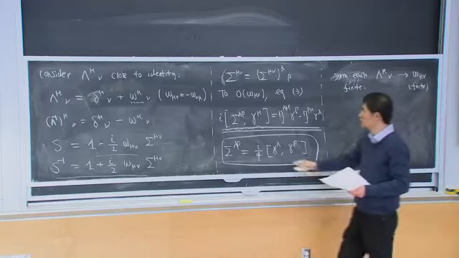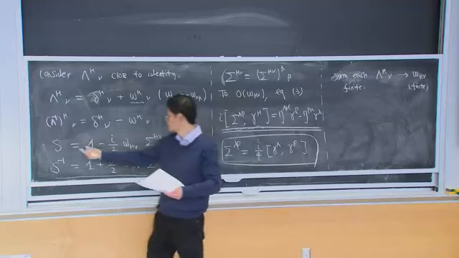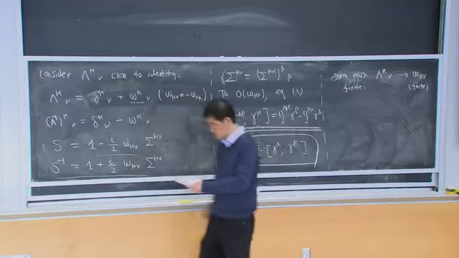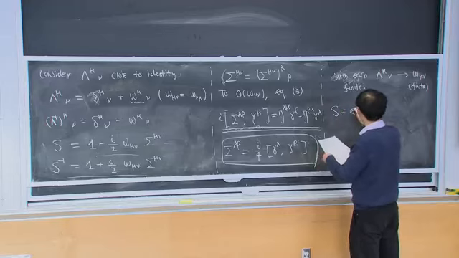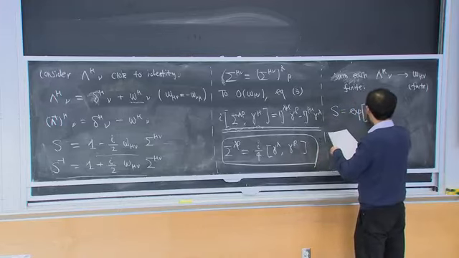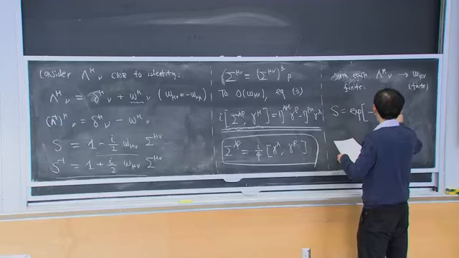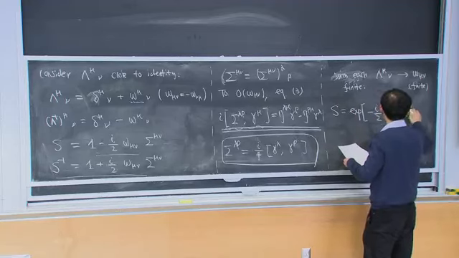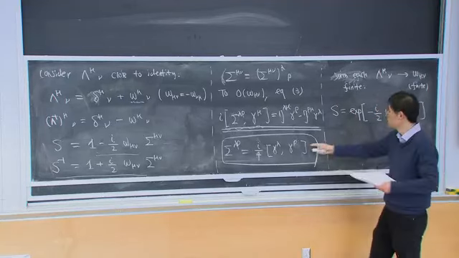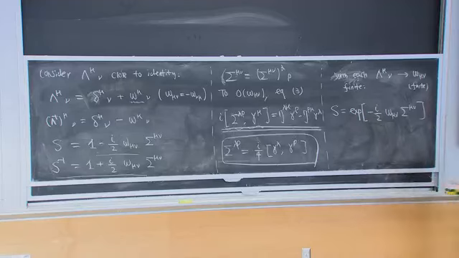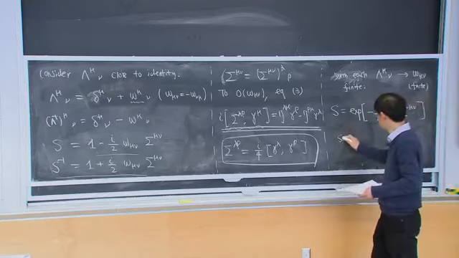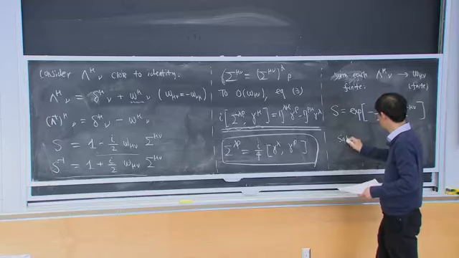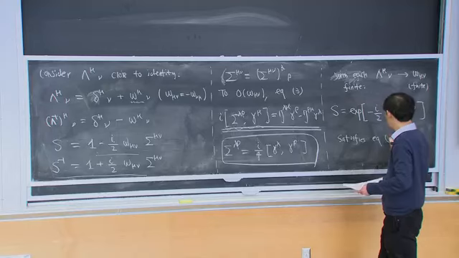And now we can obtain S by exponentiating this. The corresponding S would be S equal to exponential of minus i over 2 omega mu nu sigma mu nu, and sigma mu nu is given by this one. You can check yourself, this satisfies equation 3.